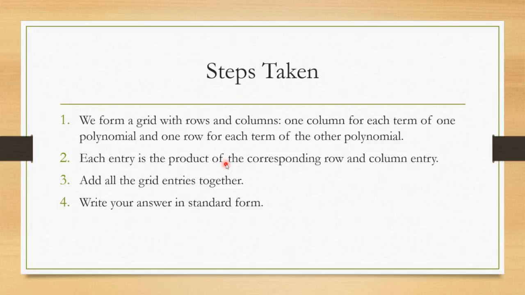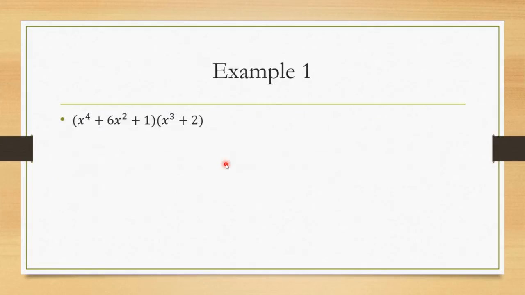And then you add up all the grid entries together. That's how you get the actual product. And it's always good to write your answer in standard form. Again, standard form is when the exponents of x are decreasing as you read from left to right. All right, let's do some examples because then this will make sense.